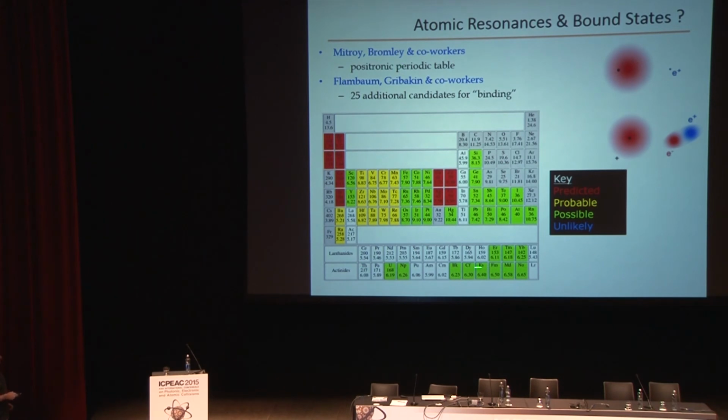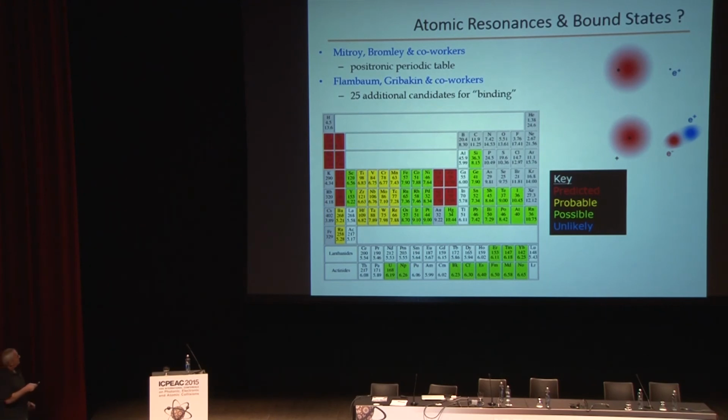And in fact, many years ago, they introduced this so-called positronic periodic table, where variational calculations showed that these atoms that are highlighted here in red would bind a positron with a variety of binding energies. In recent times, and in fact there was a poster today from Victor Flambaum's group, they've identified a whole host of other candidates, including excited states of atomic systems that are candidates for binding.